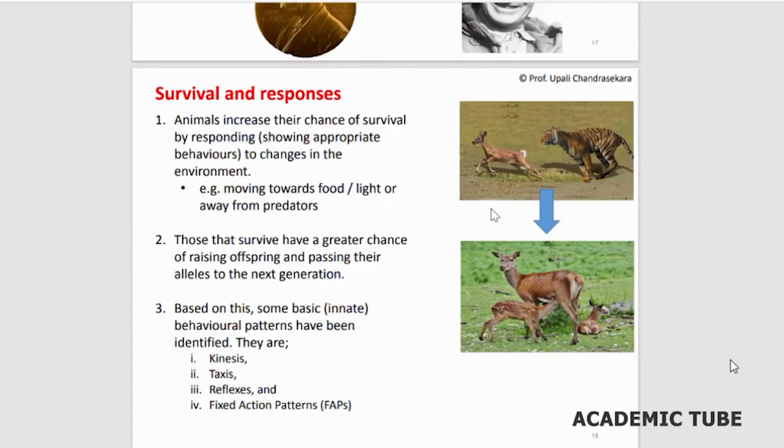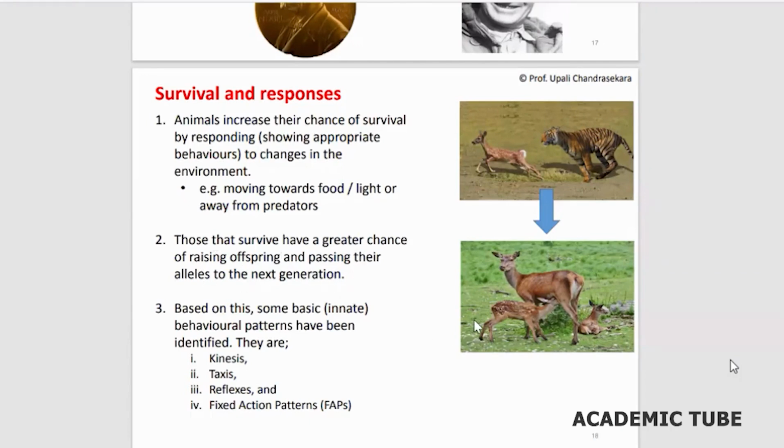If it survives, it can reproduce, make babies. Now in evolution, you learned that genes are passed from the parents to the baby. So their characters would be passed. That is to say that their fitness would go up. So those that survive have a great chance of raising offspring and passing their alleles to the next generation.